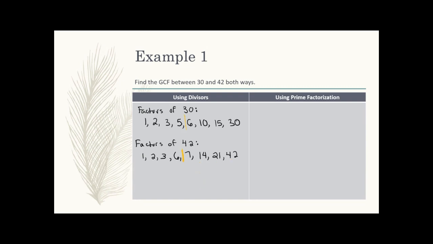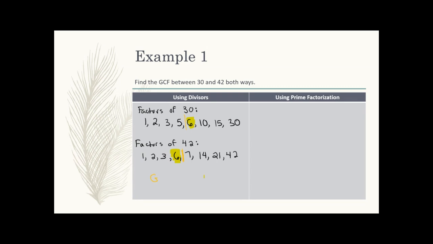So you write down all of the factors, all the numbers that divide into 30, all the numbers that divide into 42, and then the greatest common factor is the biggest one they have in common. So they both have 1, 2, 3, and 6 in common, but the biggest one that they have in both of the lists is 6.